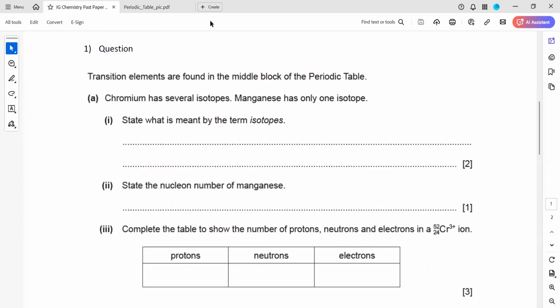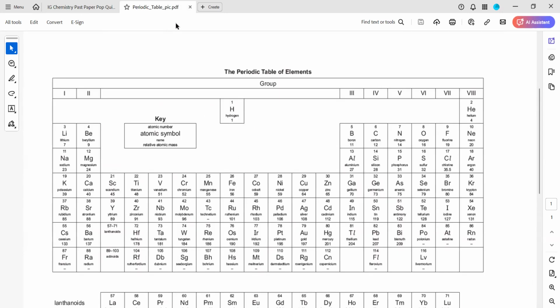So we write here manganese has a proton number of 25, but in the question they ask for the nucleon number. Nucleon number means we need the sum. So what is the sum of the neutrons and the protons, the nucleon number of manganese? 25 is the proton number. What is the nucleon number? The sum. 55. So the sum of the neutrons and protons is 55. So we write here 55.